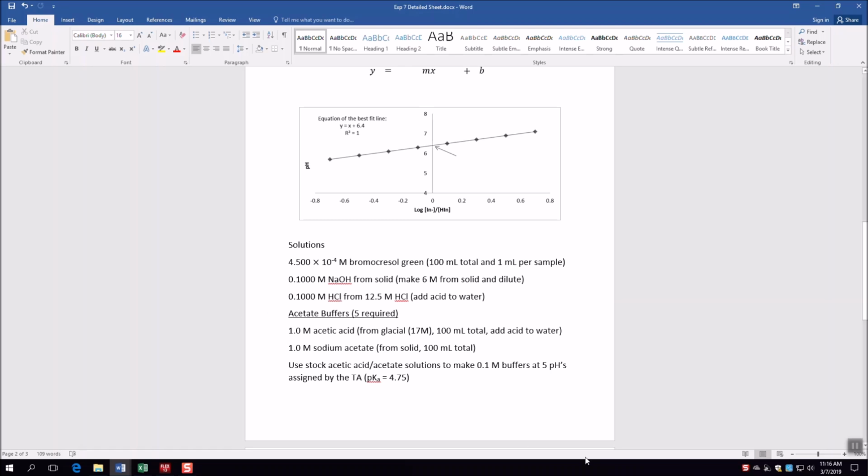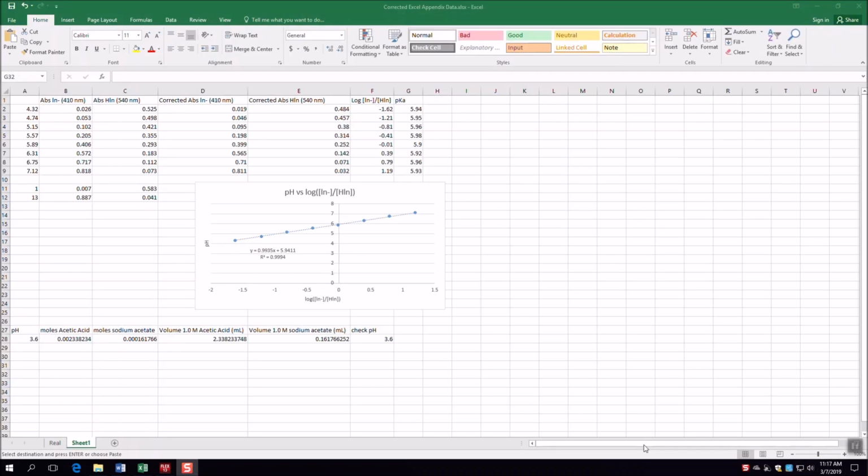As a kind of reward for sticking around so long through this math-heavy, complicated video, I've added to the screen an example of one of the potential solutions you could be instructed to make by your TA. At a pH of 3.6, I've used the equation I showed you before to solve for our volumes in moles.